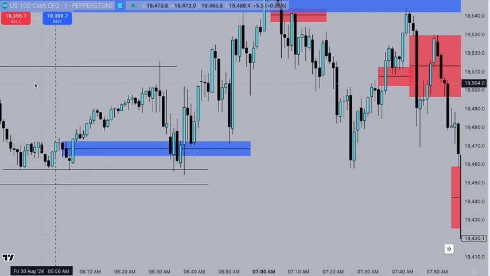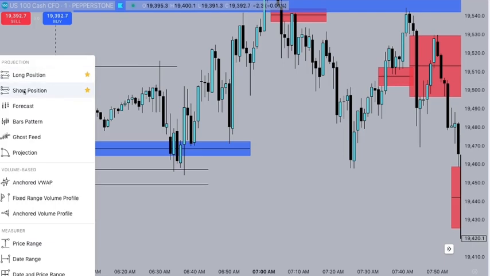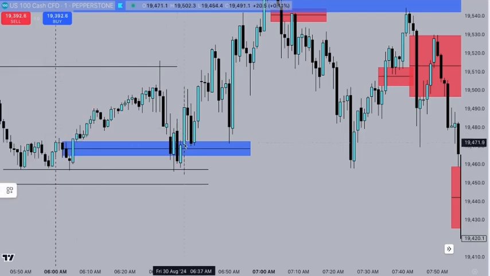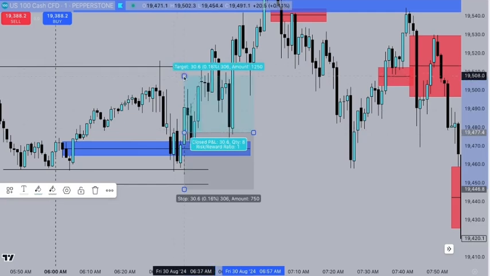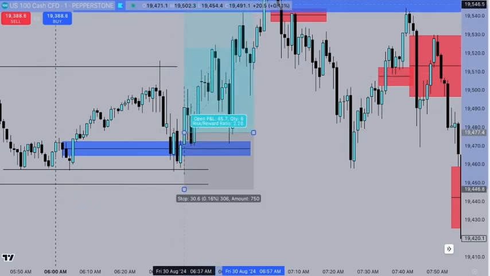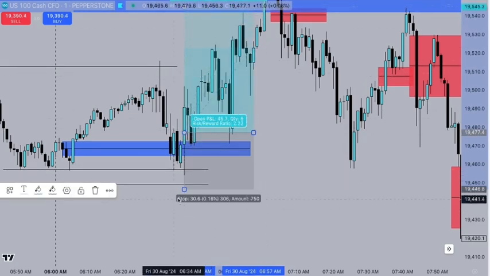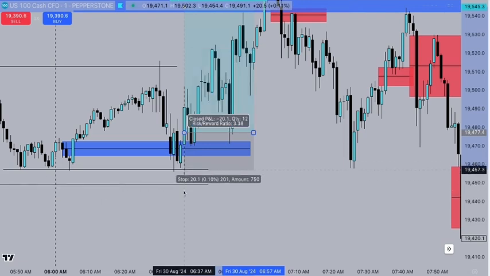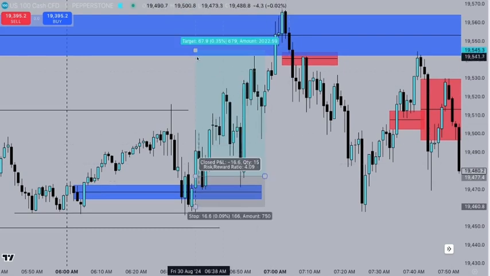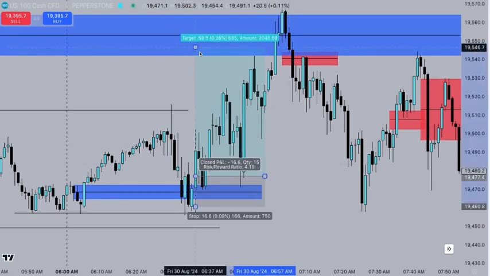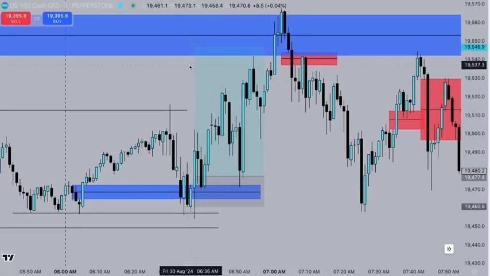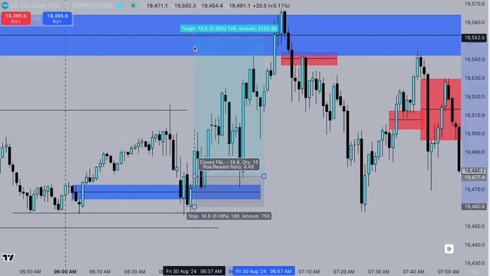So right here, this is where I entered right here. I believe right around here, targeting 25% point of, and I'll teach you guys about stop losses and take profits and all of that. So basically, you could have targeted the middle, but I targeted right here.